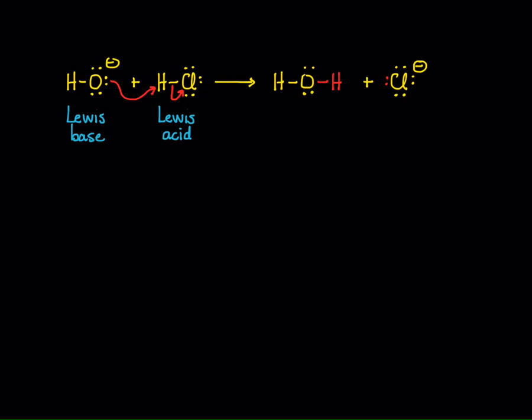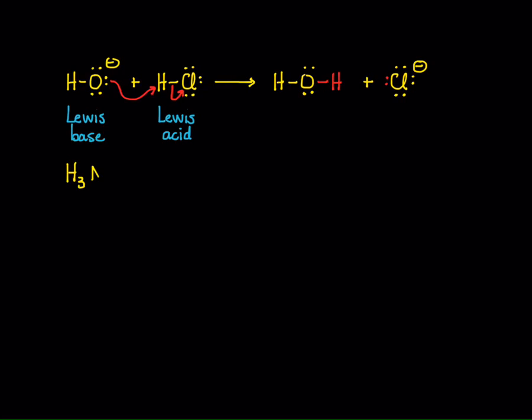And oftentimes the nucleophile we're going to see has a negative charge. Now, it's not always the case that it has a negative charge, but in general, Lewis bases have high electron density. In essence, any atom that has a pair of electrons that are available can act as a Lewis base.